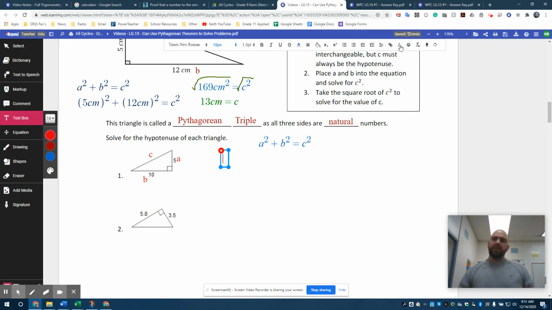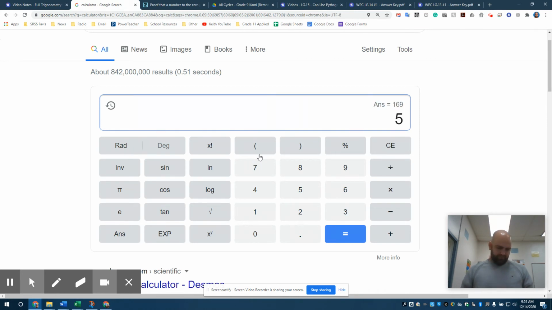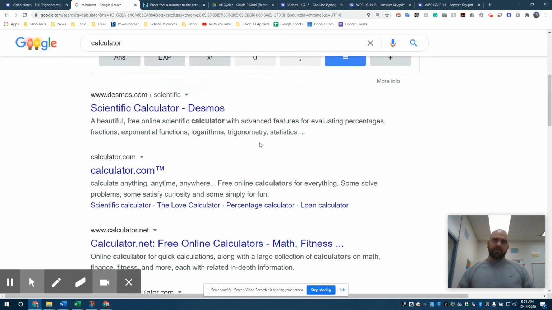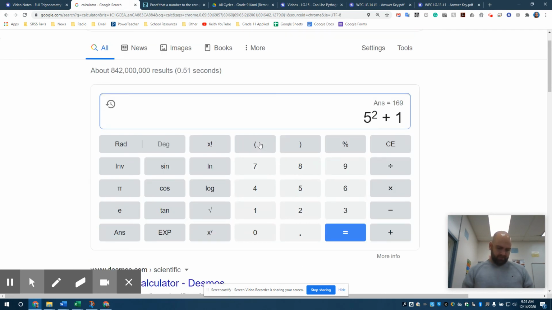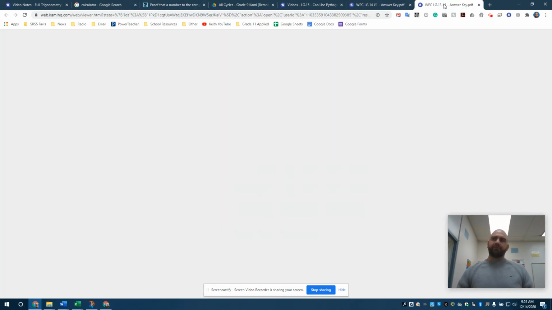And notice here we don't have any units, so we don't have to worry about putting units in. 5 squared plus 10 squared is equal to C squared. And C squared is equal to, let's use a calculator for this, 5 squared plus 10 squared, which is equal to 125.